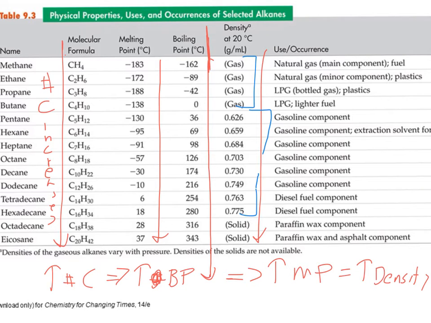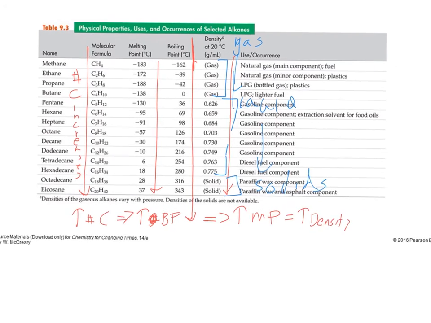But once we get to 18 carbons, we go to being solids. So our phases become more dense, right? We go from gases to liquids to solids as our number of carbons increases. And that's due to intermolecular forces that we're not really going to talk about at this juncture in the class.